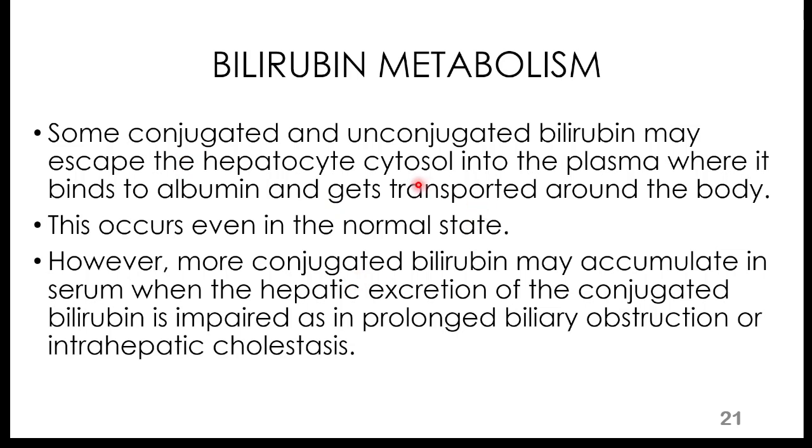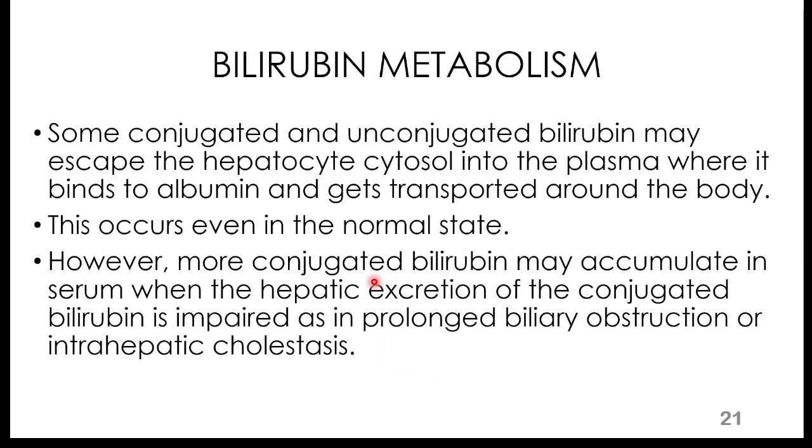Okay, so the conjugated bilirubin and even some unconjugated bilirubin may escape the hepatocyte cytosol back into the plasma, meaning they did not get into the bile ducts. They may get back into the sinusoids, and eventually they get back into the plasma, where they will bind to albumin again and get transported around the body.